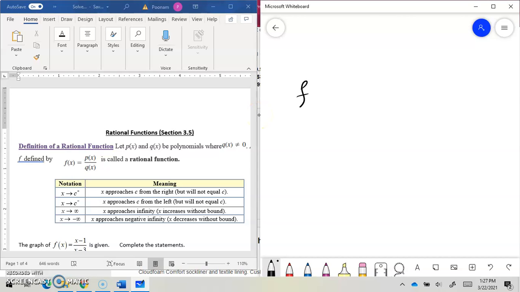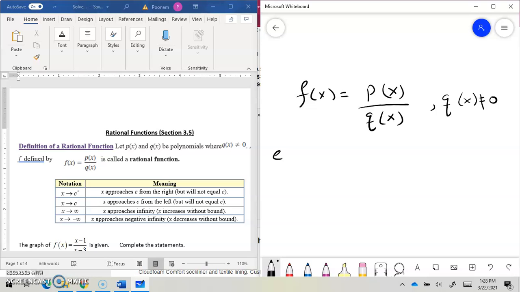A rational function is a function which looks like a fraction where the numerator is a polynomial function and the denominator is also a polynomial function, provided q of x, which is the denominator, is not equal to 0.